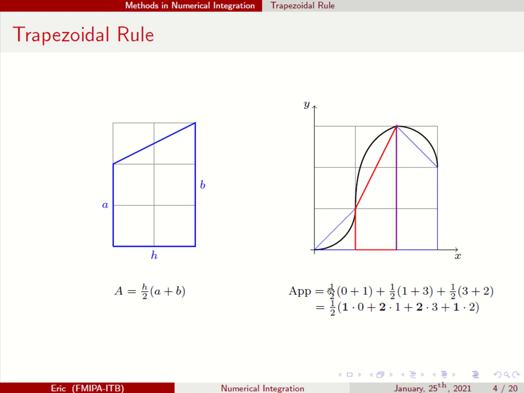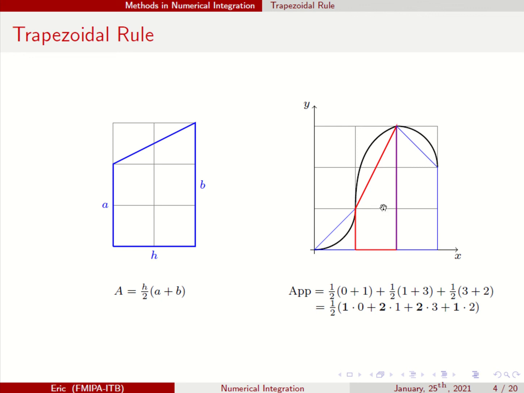So how do I get the approximation? Let's say that the height is 1, the height is 3, and the height is 2, and the height of this is 0. So the approximation is a half times the first one. This is a triangle. A half times the height. The height is always the same because this is 1, 1, 1. A half times 1, that is a half, times A plus B, the parallel sides, 0 plus 1.